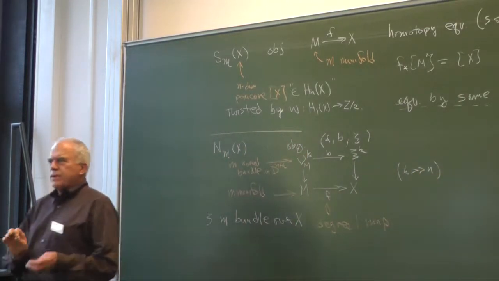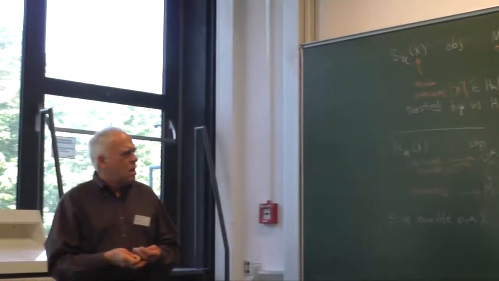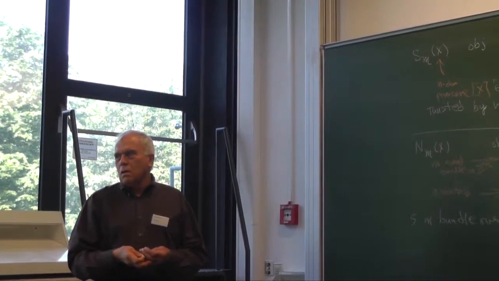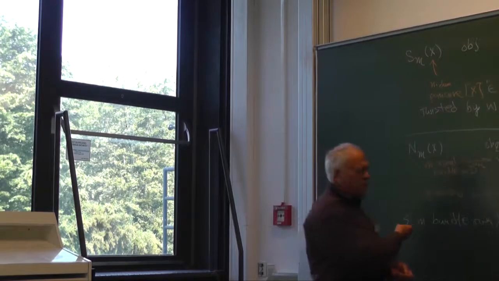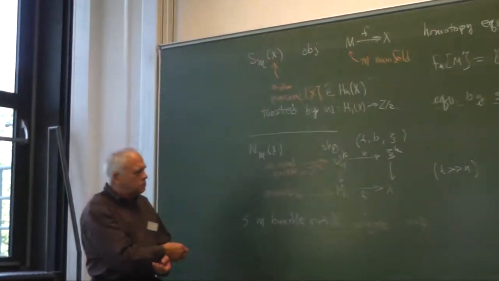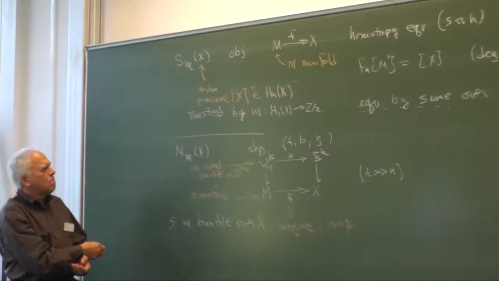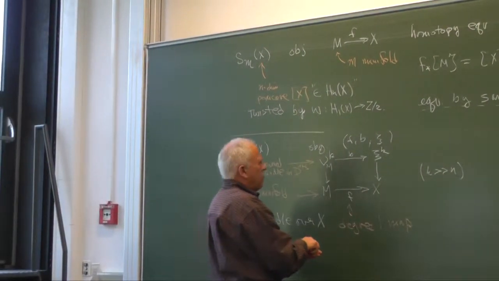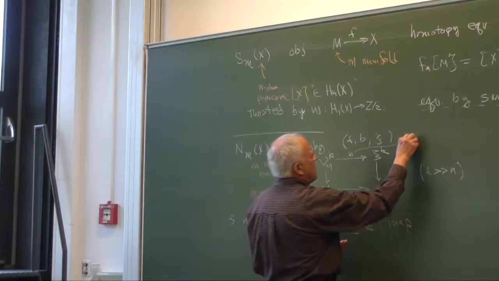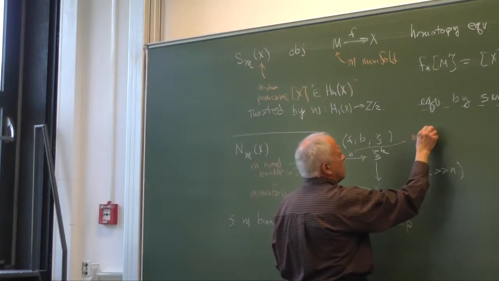So that puts us in some kind of stable range where the exact details of the bundles are not too important. Everything can be done using microbundles. B is a bundle map.